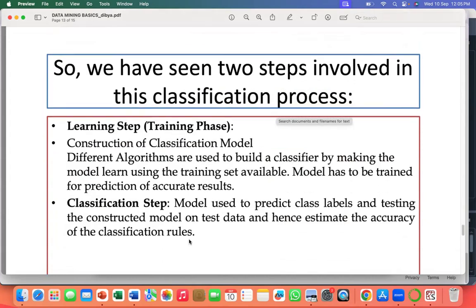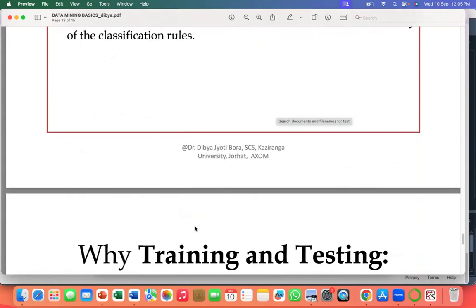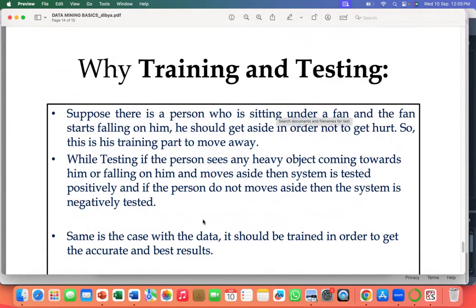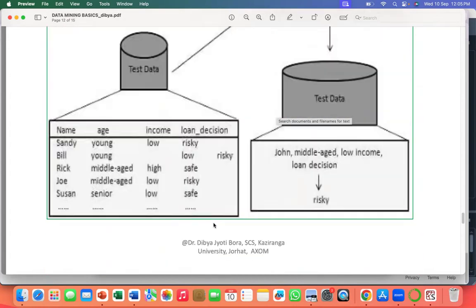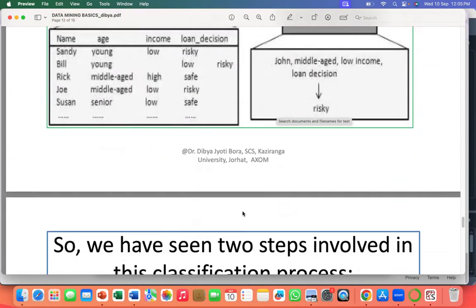Then the classification step: after the learning step, the model is used to predict the class labels, and we test the constructed model on the test data and estimate the accuracy of the classification rules. This is a general overview of how classification takes place, or how a classifier works.